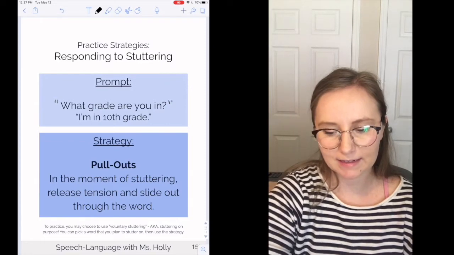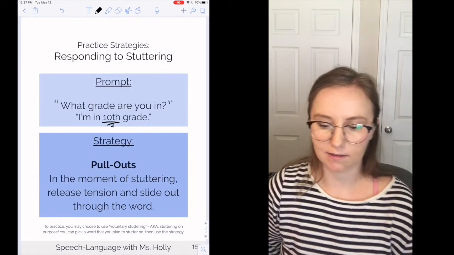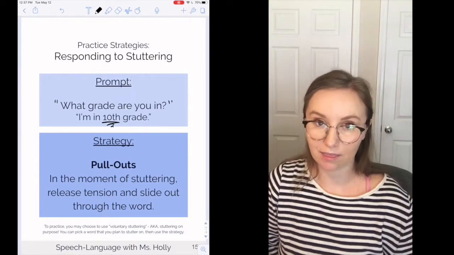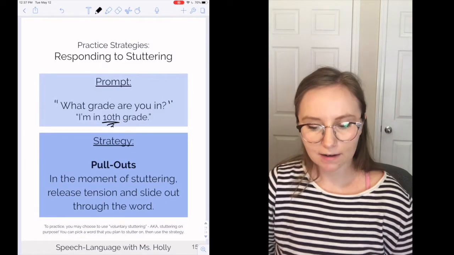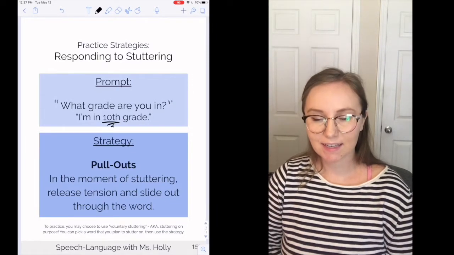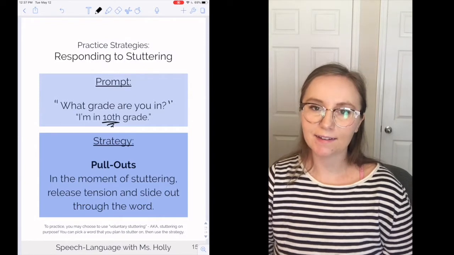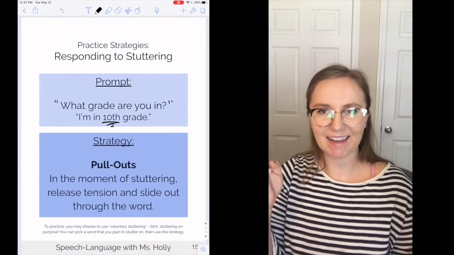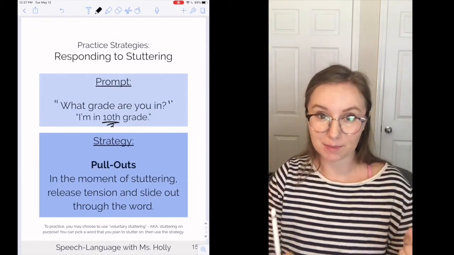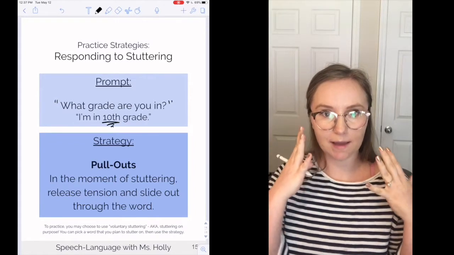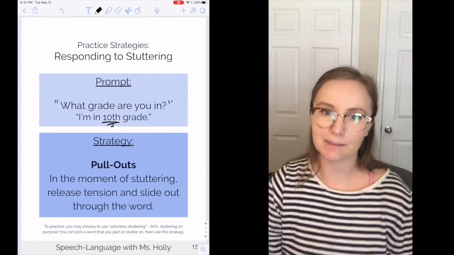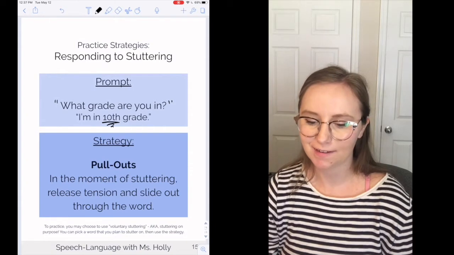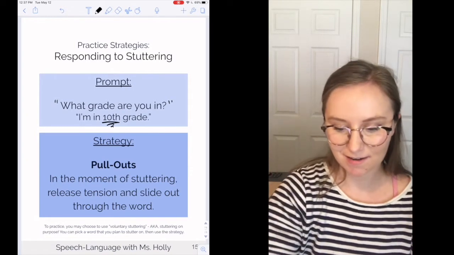I'm going to plan to add a stutter voluntarily on 10th grade. So what grade are you in? I'm in 10th grade. Okay, so you noticed I had a few repetitions in there, but I just kept my air flowing and I released my tension out through the rest of the word. So that's the pull-out strategy.